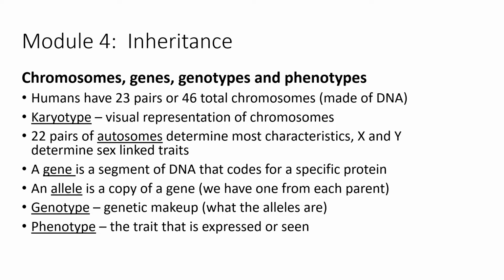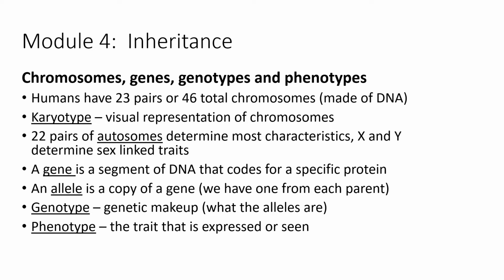to determine sex-linked traits. A gene is just a segment of DNA that codes for a specific protein, and an allele is a copy or a variant of a gene. So for instance, in our chromosomes, we get one chromosome from our mother and one from the father, and that makes up the pair.